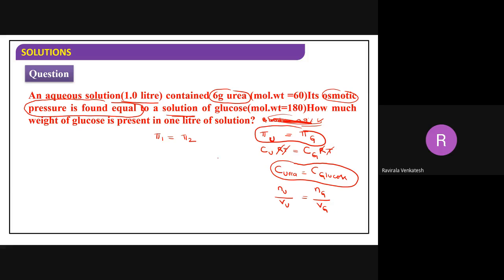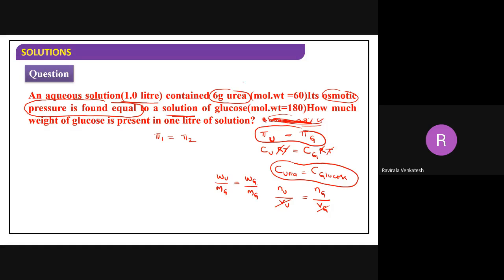Here, both volumes also will be the same, so they cancel. Remaining is the number of moles of urea. What is that? Weight of urea divided by molecular weight of urea is equal to weight of glucose divided by molecular weight of glucose.